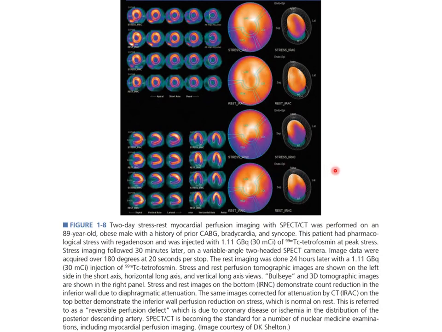Again, this can be caused by a number of other sources, right, than ischemia. It can be caused by shadowing artifact, etc. And so sometimes this imaging technique is about 75% sensitive and about 60% specific.